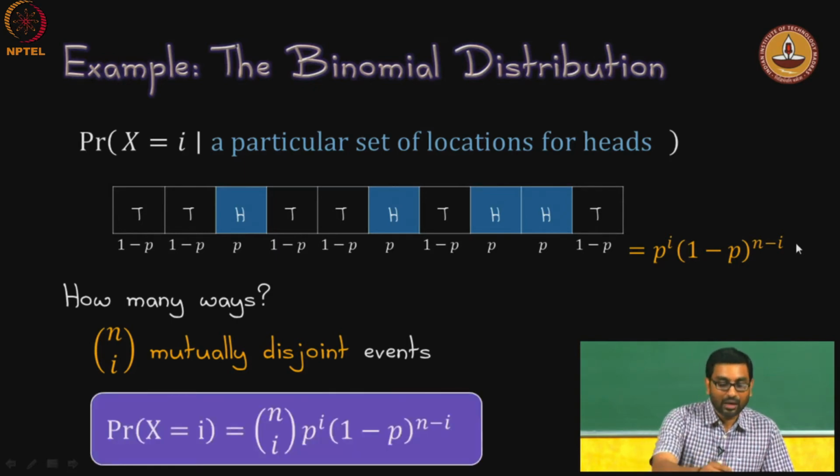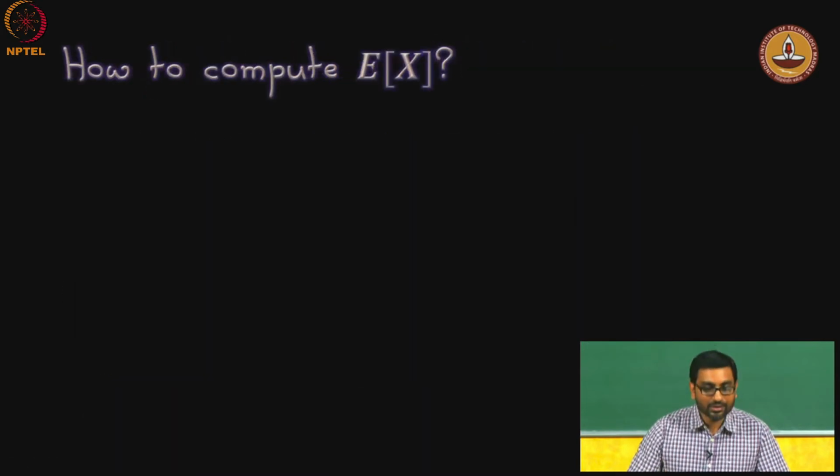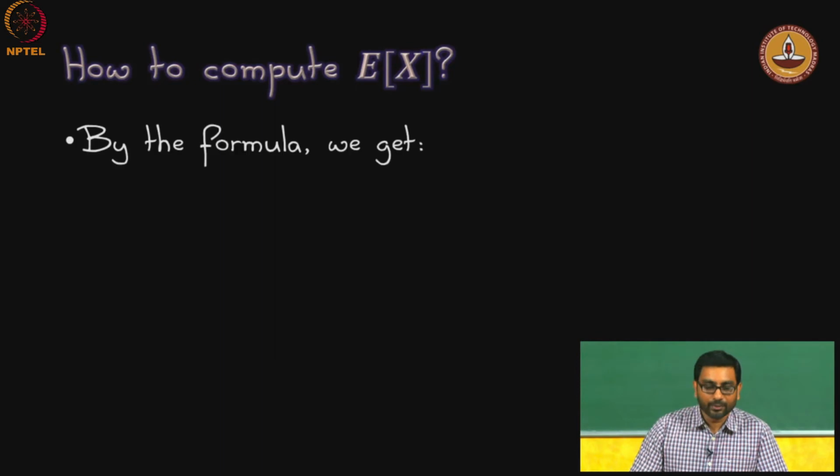And there are n choose i of them. So, you basically get n choose i times p raised to the i times 1 minus p raised to the n minus i. Basically, you have taken p raised to the i times 1 minus p raised to n minus i, and you have added it n choose i times. So, that is where the multiplication comes from. Okay. So, this is the probability that x equal to i. Now, let us look at computing the expectation of this random variable.